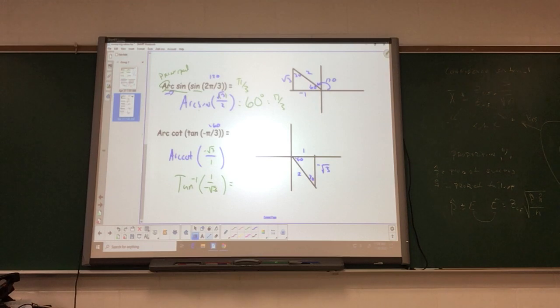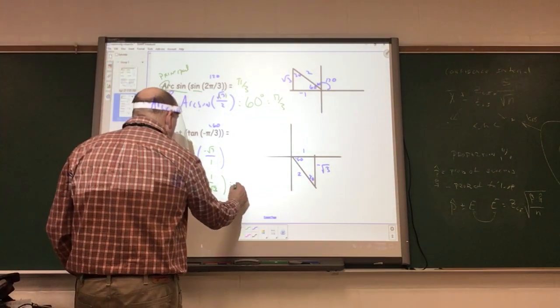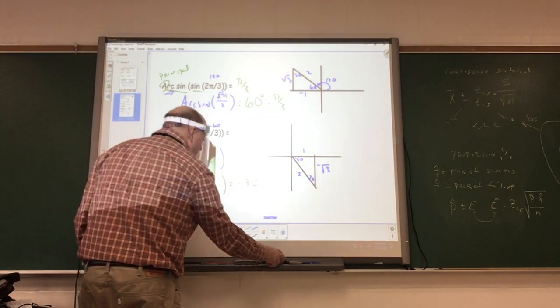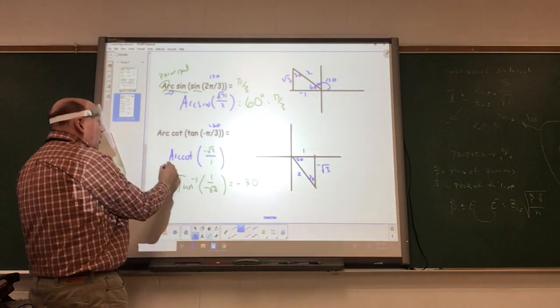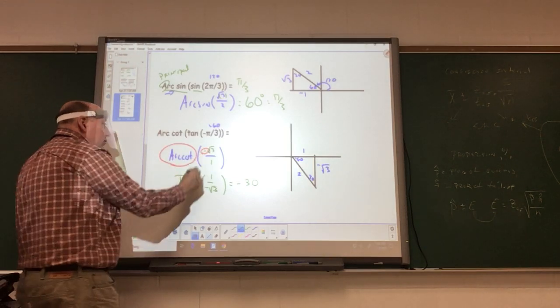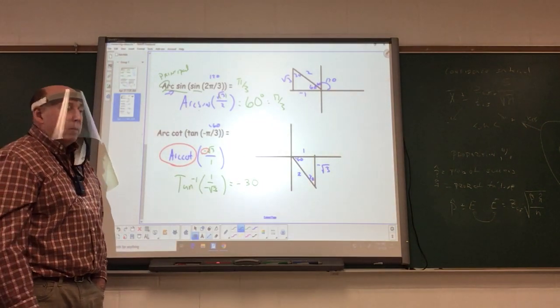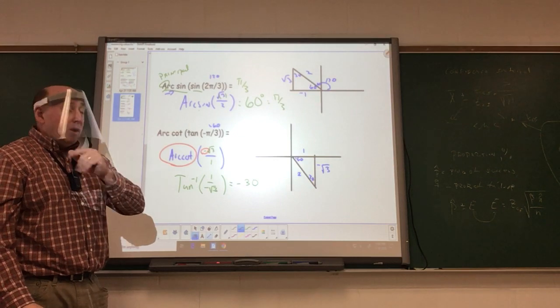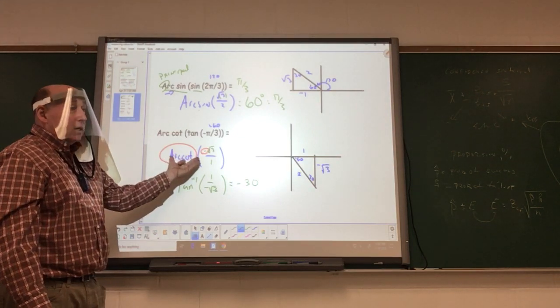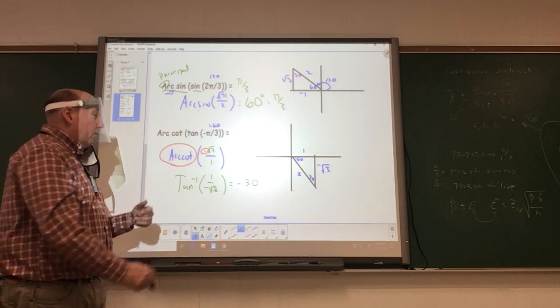What is our degree measure that we come up with, Riley? Negative 30. Negative 30 degrees. But the problem we run into with the negative 30 degrees is that we took the arc cotangent of a negative quantity. The only time that you have to watch out is when you deal with the arc tangent or cotangent of a negative.